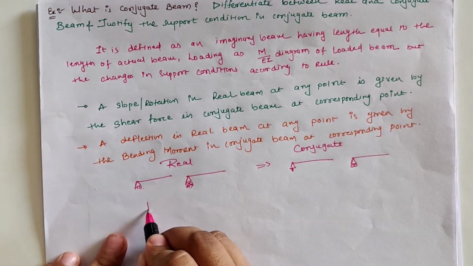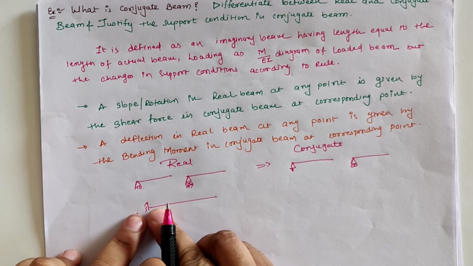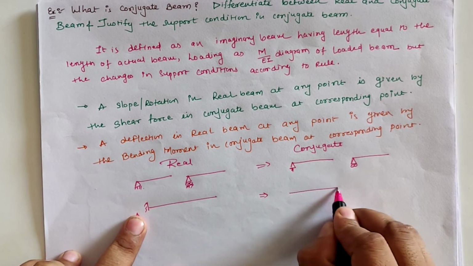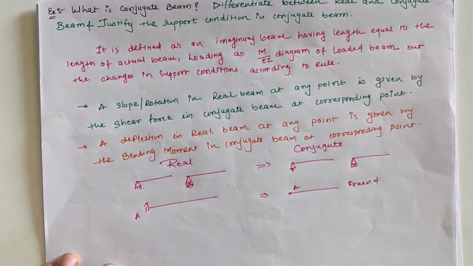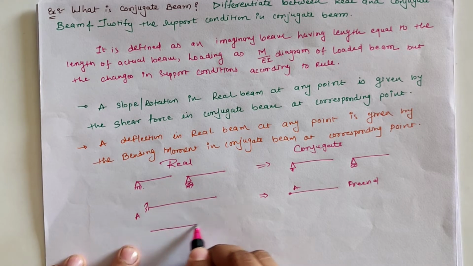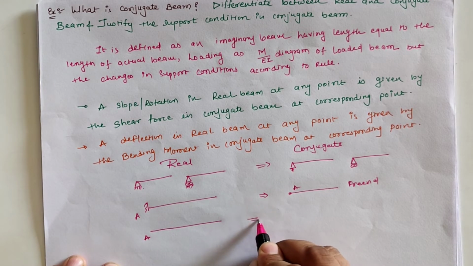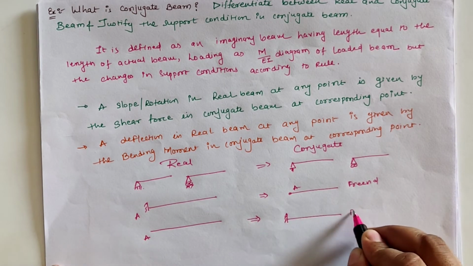But if we have a fixed end at any location in a real beam, it must be converted into a free end. It means if we have a cantilever beam with support A as fixed, then in the conjugate beam support A is a free end, while the free end in any actual beam must be converted into a fixed support.